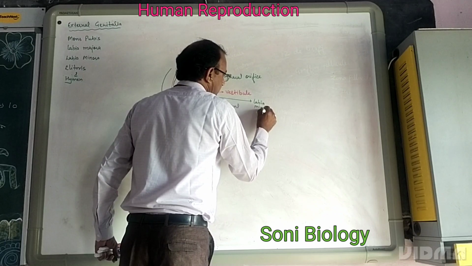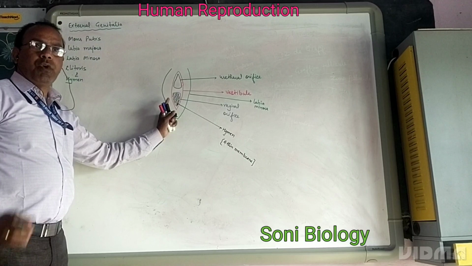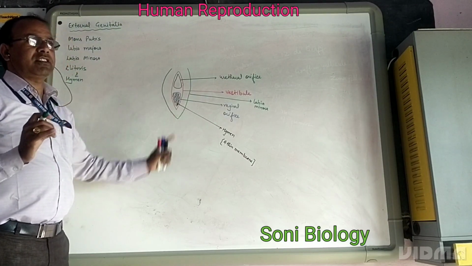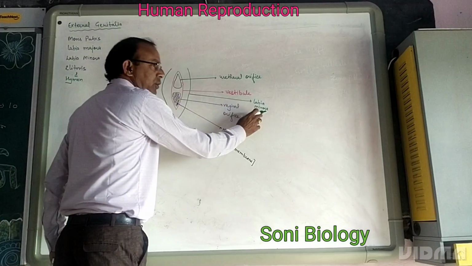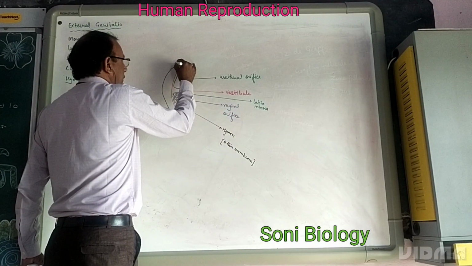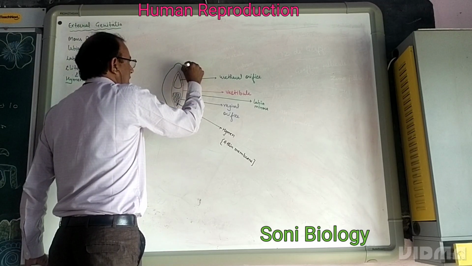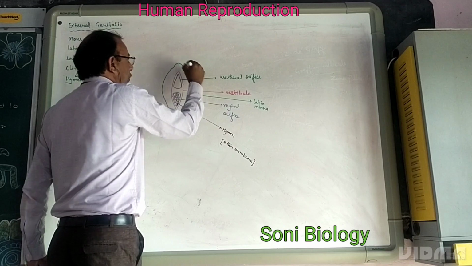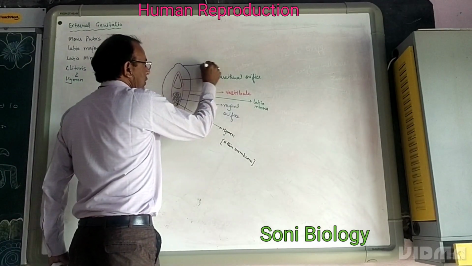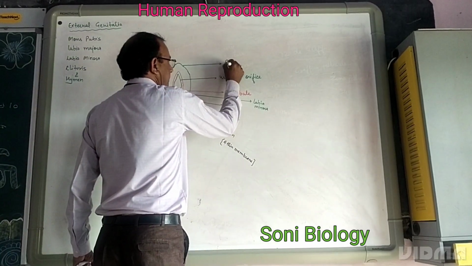At the junction where both parts of labia minora are connected, on the upper side it becomes a soft folding skin which is known as prepuce.